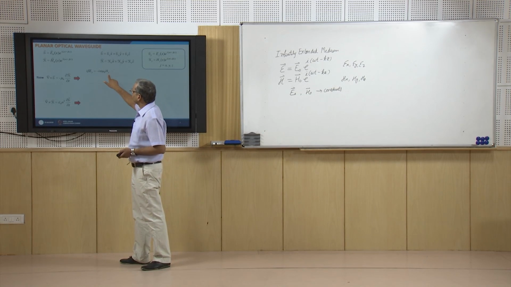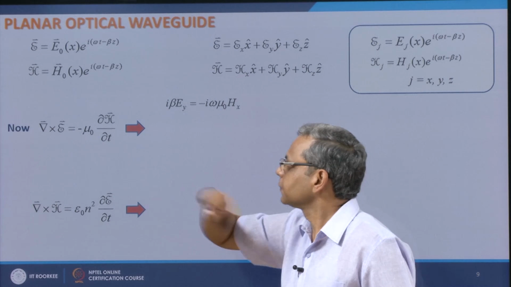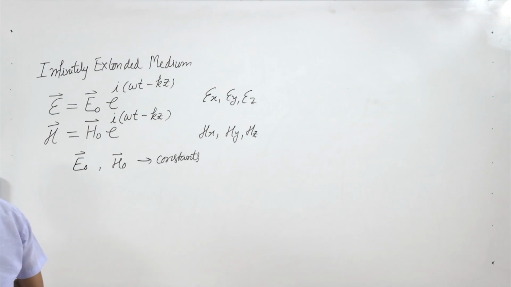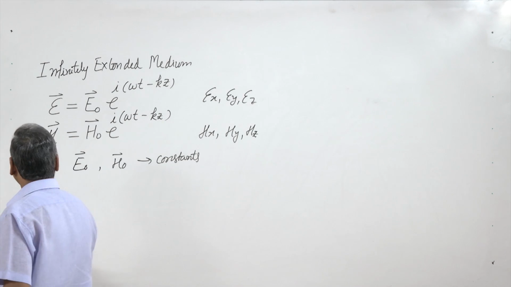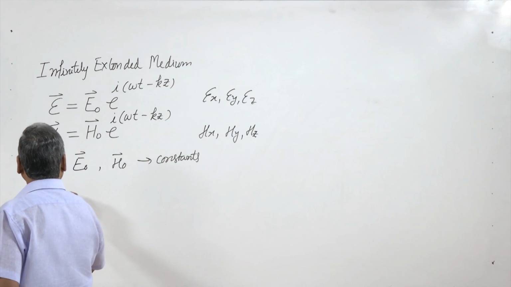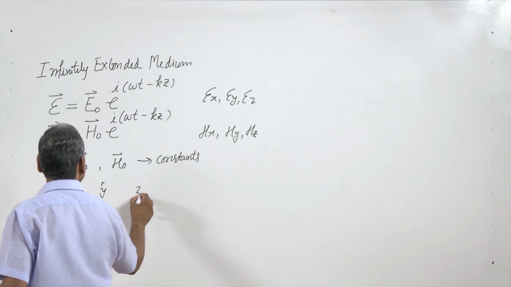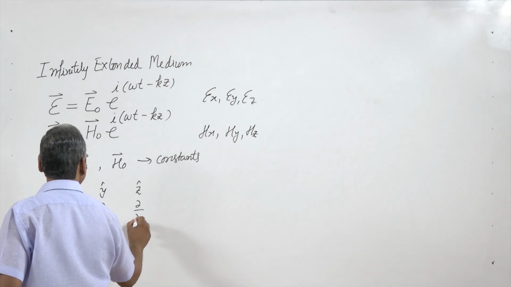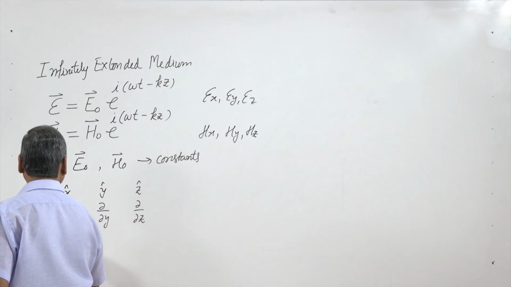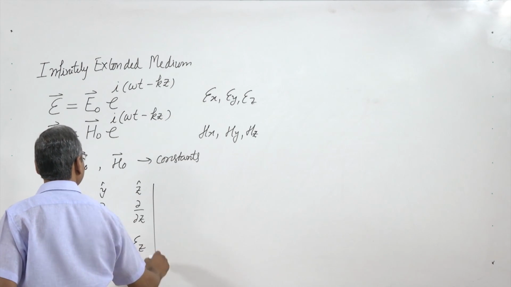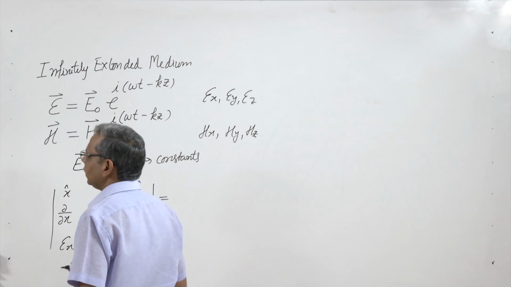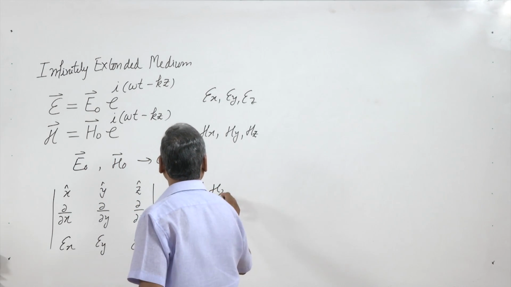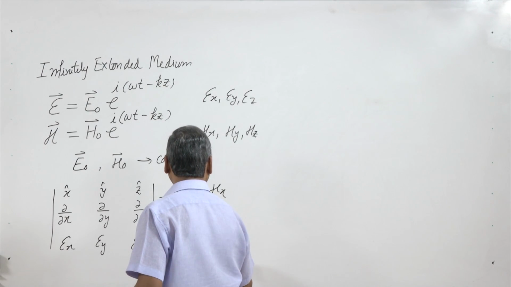If you expand this, you know that del cross E you can write as the determinant with x cap, y cap, z cap, del del x, del del y, del del z, and then Ex, Ey, Ez, is equal to minus mu naught del del t of Hx, Hy, Hz.